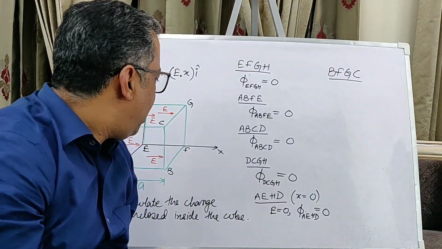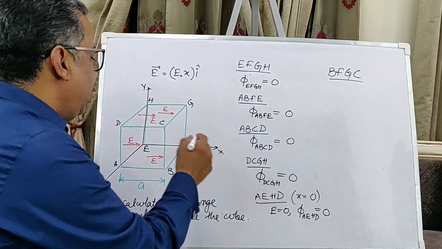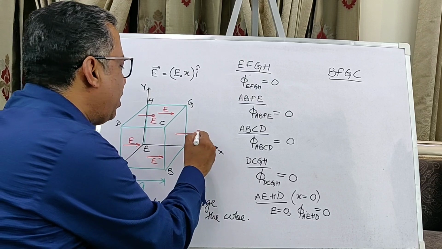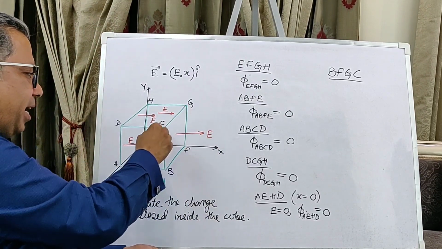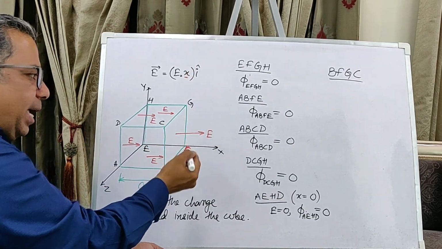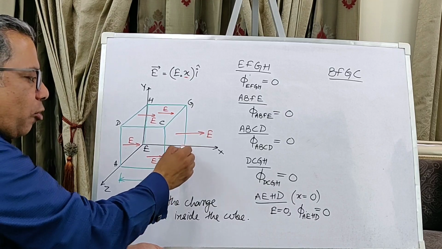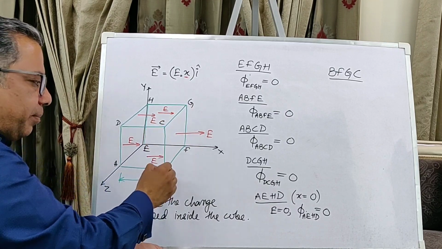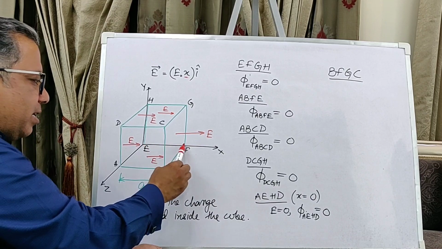BFGC. Now for BFGC, the electric field is normal to the surface, and on BFGC the x coordinate at all the points will be equal to a. Since the x coordinate is equal to a for all points on BFGC, for instance, at F the x coordinate is a.